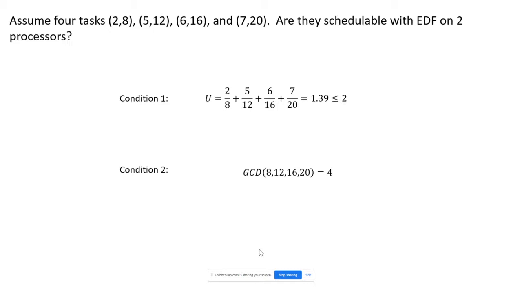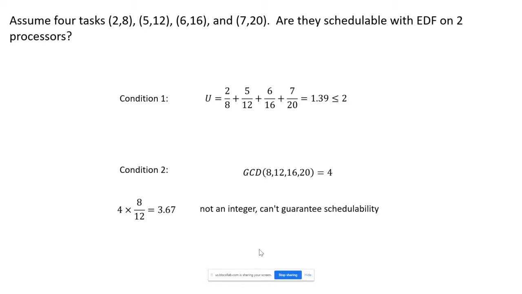Greatest common divisor of 8, 12, 16, and 20 is 4. And then you take 4 and you multiply it by each one of the ratios to see if the result is an integer. Now I thought that test failed even multiplying it by the first ratio, 8/12.